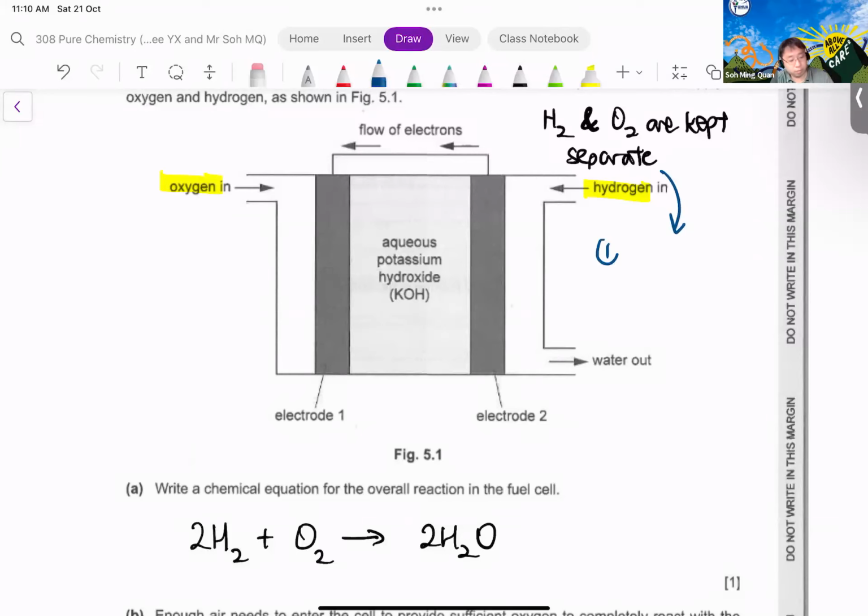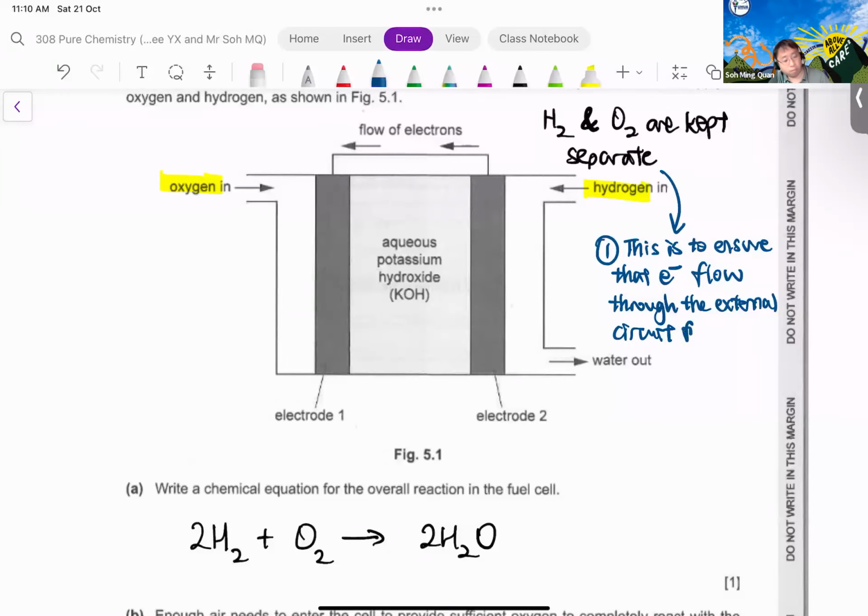Number one, the most important reason is to ensure that the electrons flow through the external circuit from the negative electrode to the positive electrode.